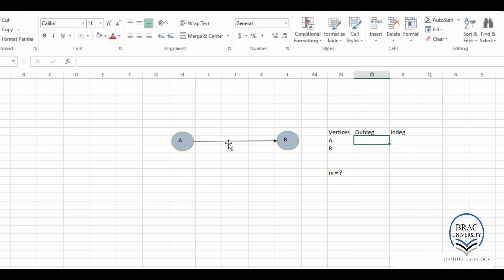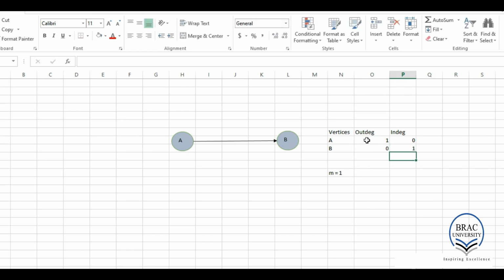So let's count. This is an edge, so the value of m will be equal to what? Equal to 1. In this graph there is only one edge, so the total number of edges will be equal to 1, and hence m will be equal to 1. Now let's check the out degree of A. Out degree of A is equal to 1, and in degree of A is equal to 0. In the same way, out degree of B is 0, and in degree of B is 1.